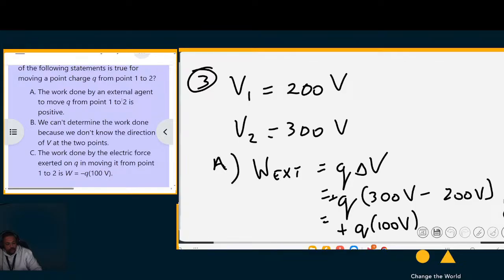Okay, it's still positive here. Now this is only positive if Q is bigger than 0, or Q itself is also positive. Okay, that is statement A. Statement A is only true if Q is bigger than 0.